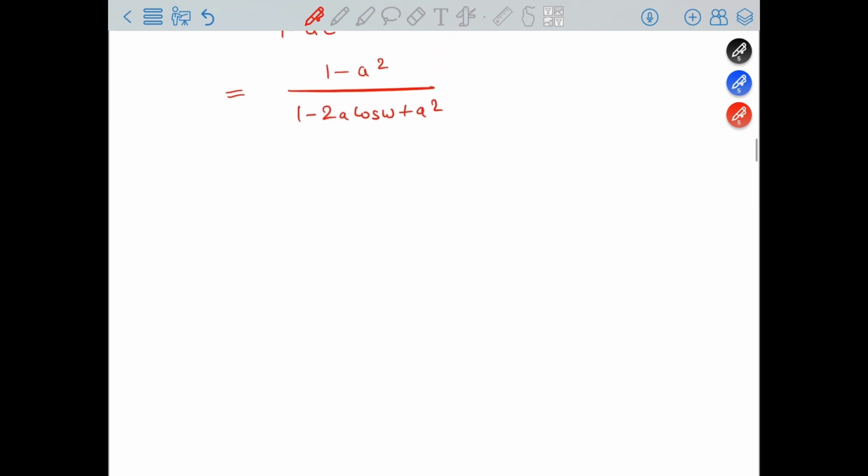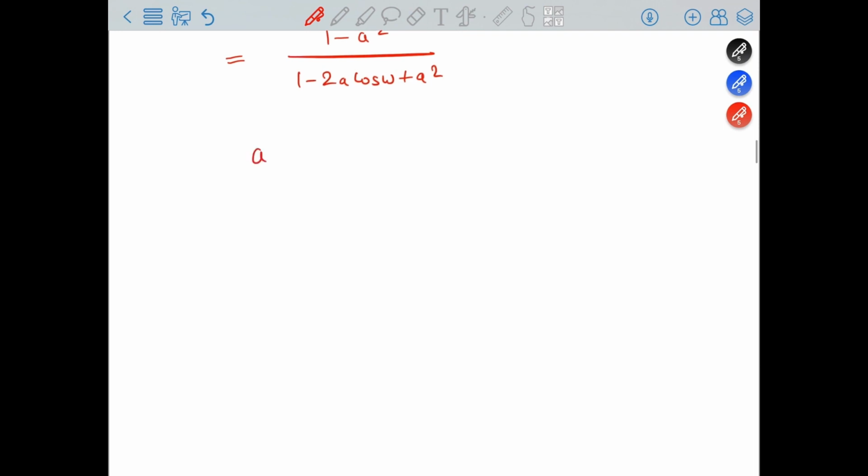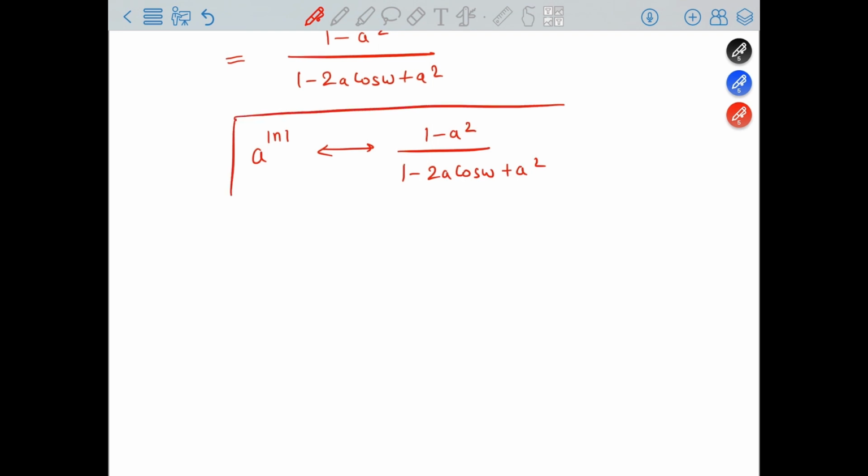So the Fourier transform of a raised to the power mod n is given by 1 minus a square by 1 minus 2a cos omega plus a square. And again the condition for a is mod a should be less than 1. And this is again a very important form, and it is also going to be used throughout this course.